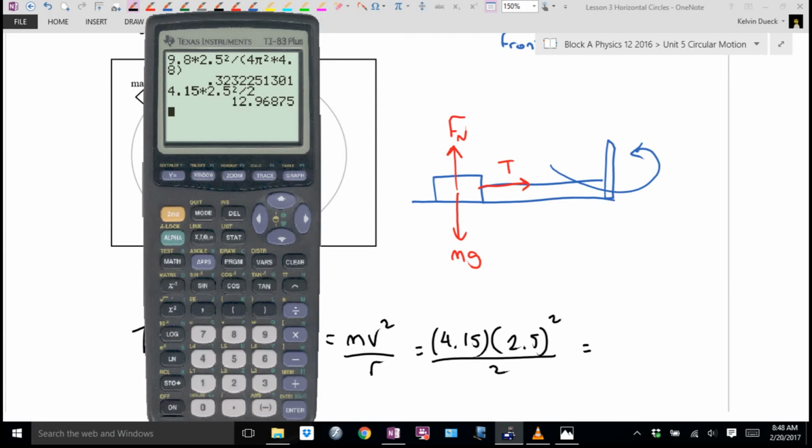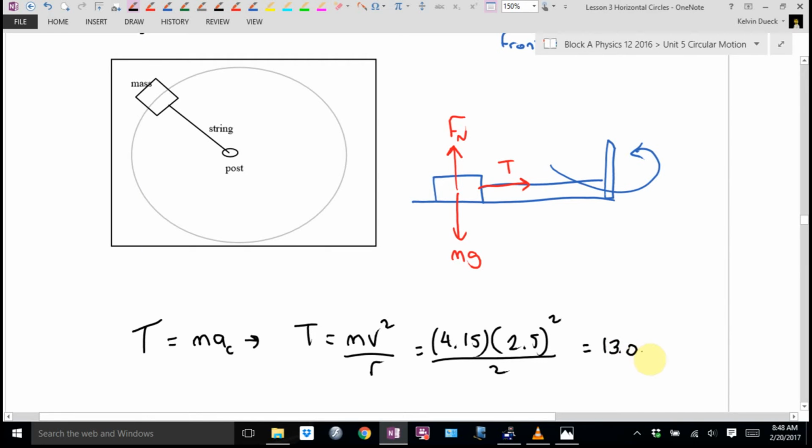You get, I guess, 13.0 if I round off properly. Did I type that in right? I think so. Is that right? By the way, what if I went twice as fast? What happens to the tension? It's 4 times bigger. Okay.